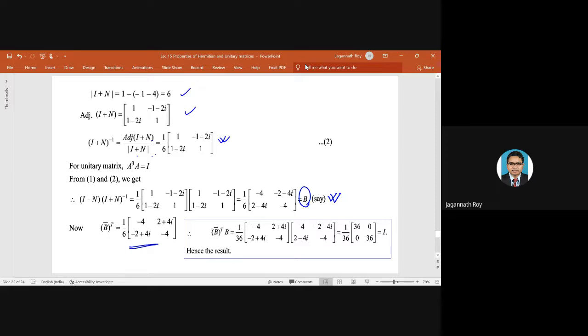So B conjugate transpose, that is B theta into B equals I. So this is a unitary matrix.